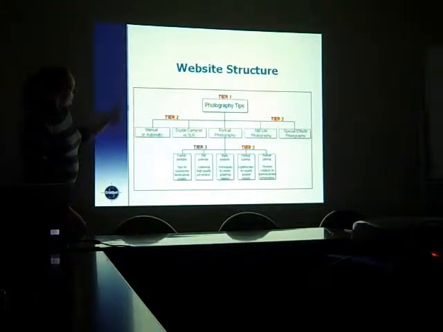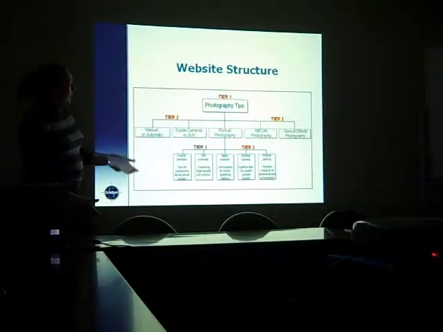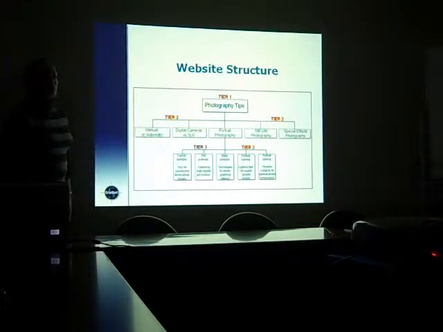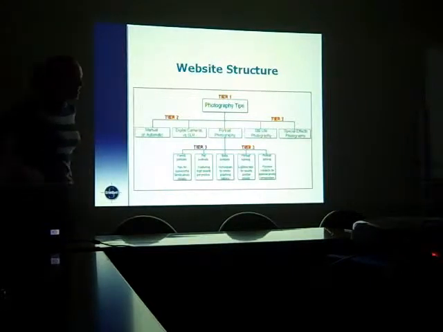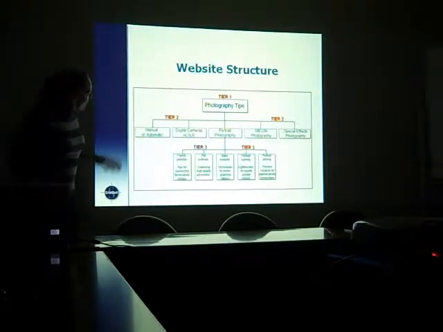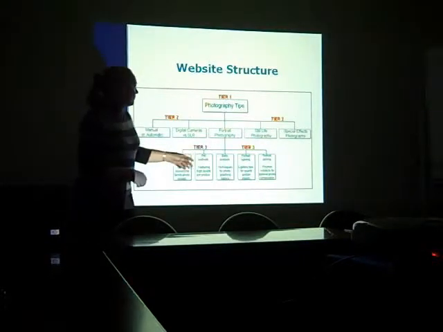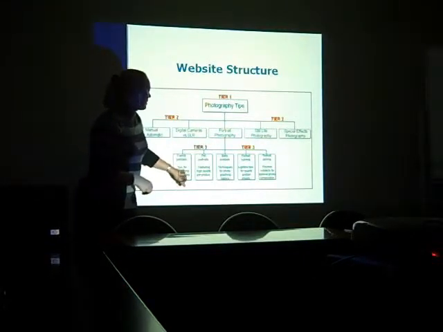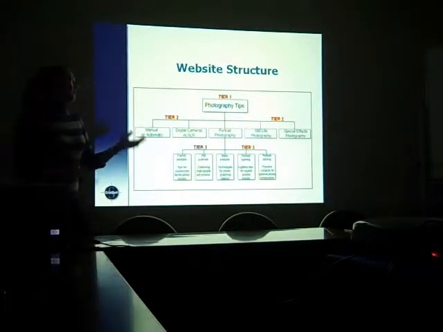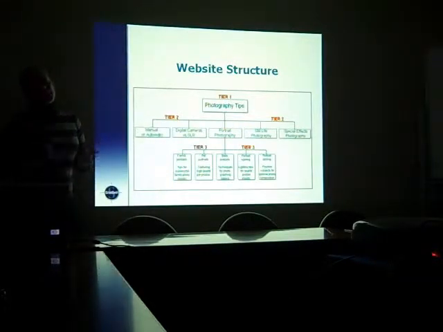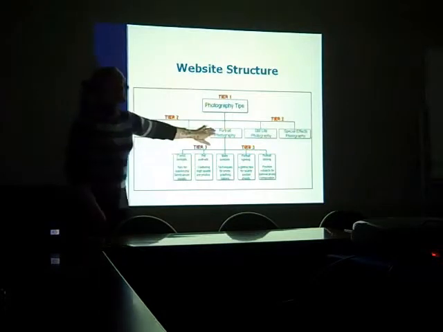So yeah, that's the basic website structure. In this case, I've just gone with photography tips for anybody interested in that one, and that might be a way you could structure it. The tier 3s, like on my site, I've got up to maybe 15 to 20 tier 3 pages underneath one tier 2.